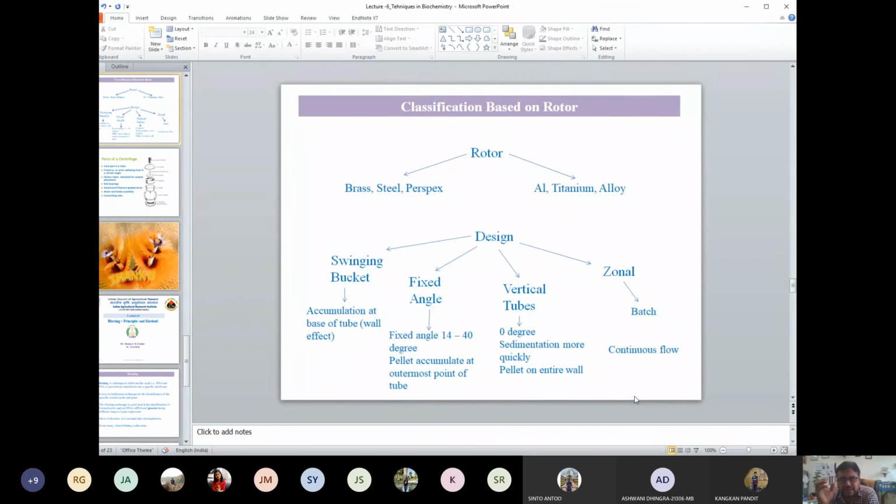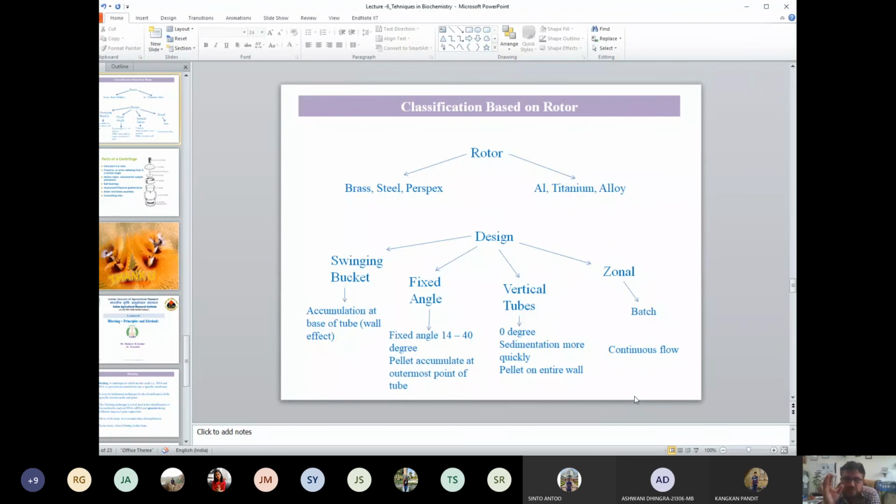Then again, the rotor has been classified based on the design into four different types. One is the swinging bucket rotor, where when you centrifuge, your particle is going to accumulate at the bottom of the tube. Another is the fixed angle rotor, where a specific angle is fixed, 14 to 40 degrees, for the centrifuge tube.